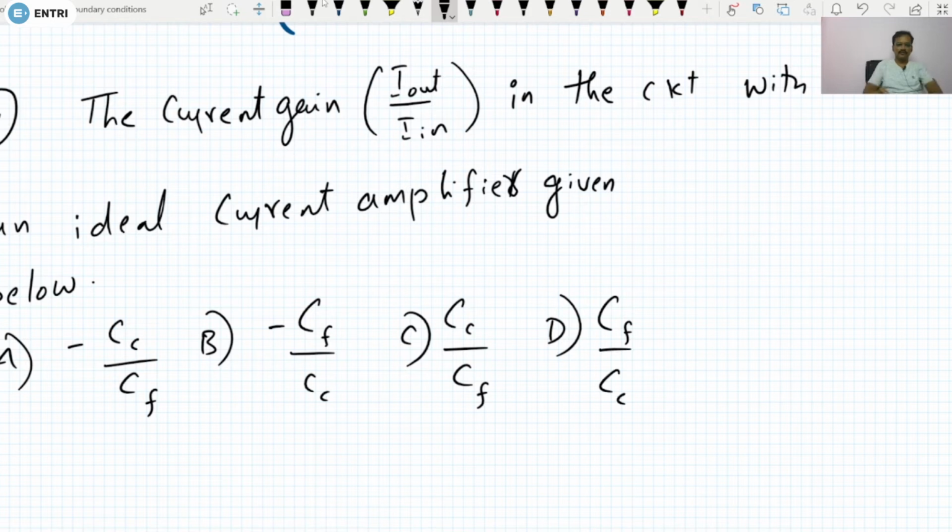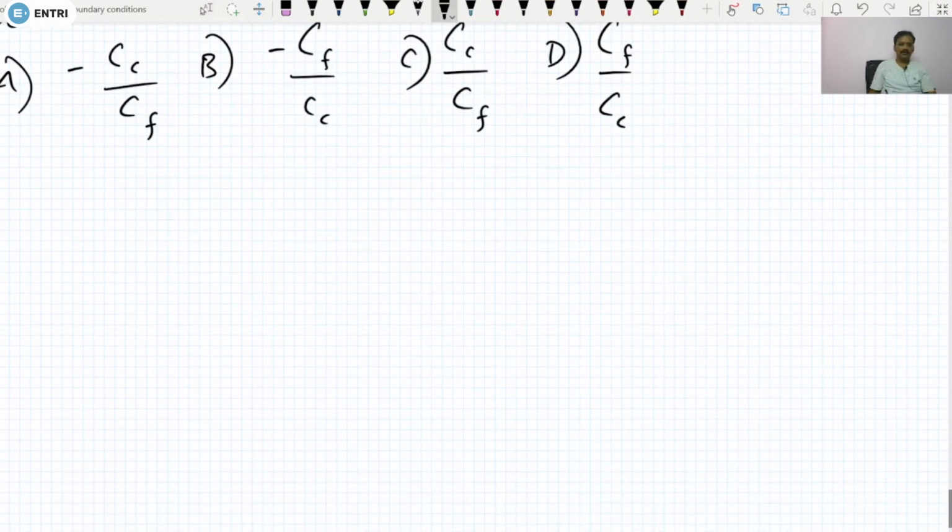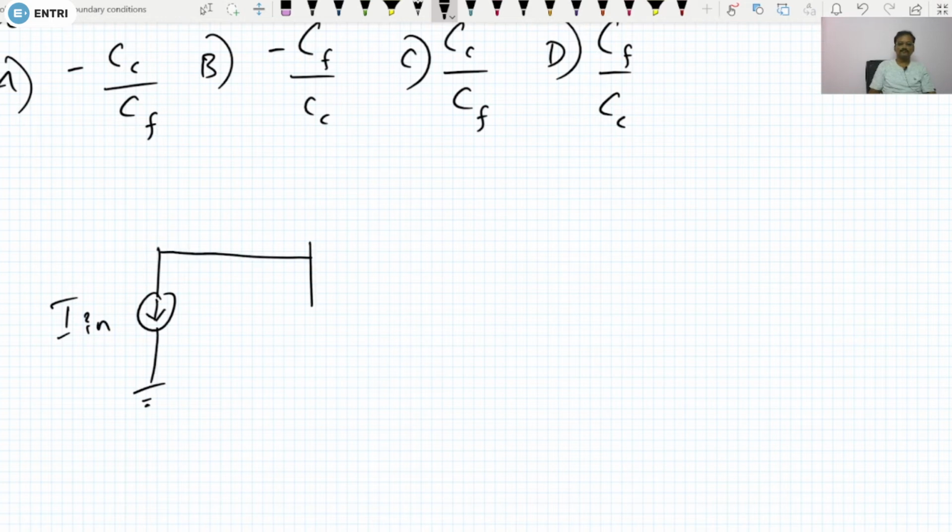So here they have given the circuit. I am drawing the circuit. For that circuit, you have to determine the current gain, that is I out by I in, right? So this is the circuit they have given. Here this is I in. This is the op amp, and here this is minus, this is plus, and it is grounded here.